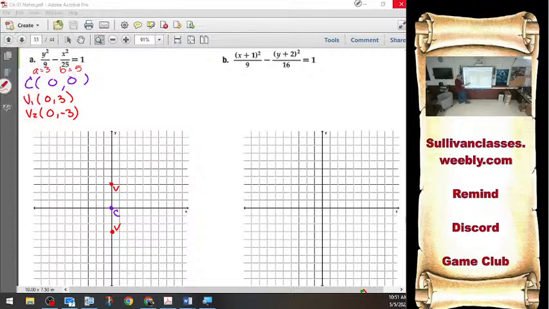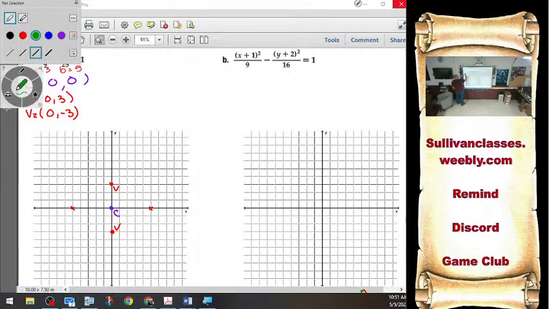Now I don't actually want to come out here and make a point at 5, because that's not a part of my graph. But I can come out here and say 1, 2, 3, 4, 5, just a little tick mark. Do you see where vertex and little tick mark will line up?